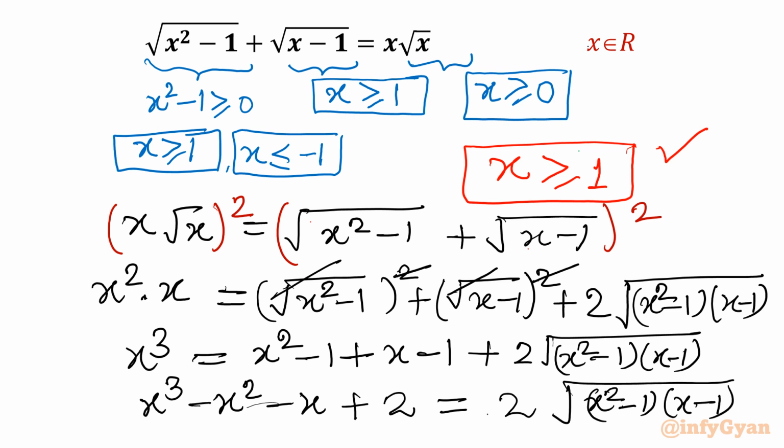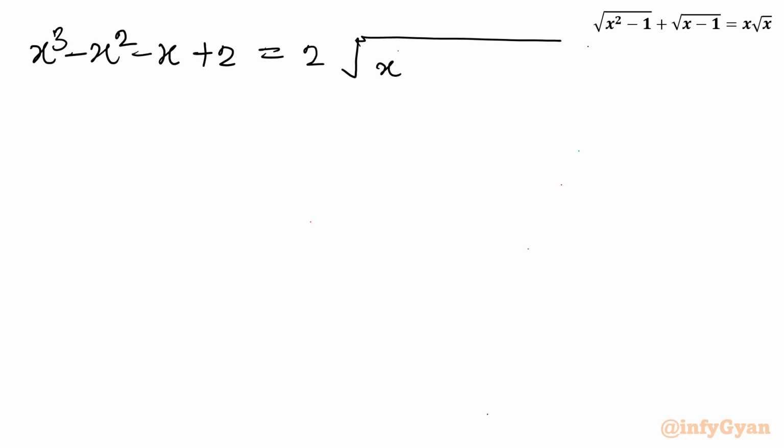Now I can consider factorization. Let me write here x cube minus x square minus x plus 2 equal to 2 times square root of x square minus 1 times x minus 1.